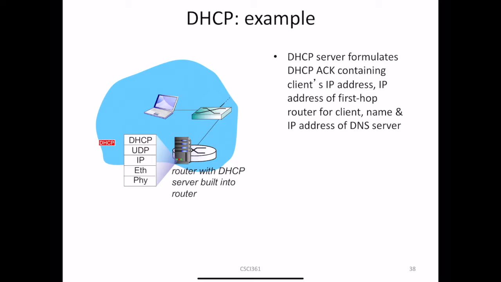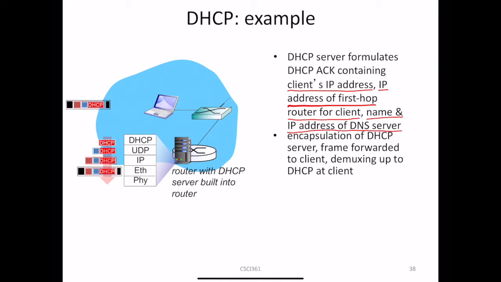Then the DHCP server will prepare a DHCP ACK message, which contains three pieces of information: a usable IP address for this client, the IP address of the gateway router, which we usually call the first hop router, and also the name and the IP address of a DNS server.